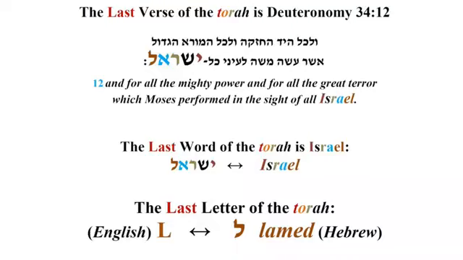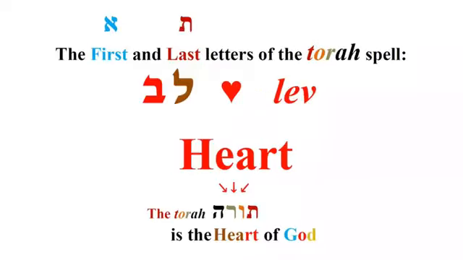It represents authority. Okay, but if you put these together, the first and the last, you get Lamed Bet. Now, I put the last first because the Bible says the first shall be last and the last shall be first. So we put the Lamed first and the Bet, and it spells the word heart. That the Torah is the heart of God, the Lev.